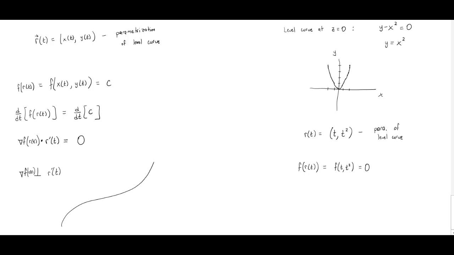Let's say this is my curve, and this is my point r of t. Remember that r prime of t was supposed to be a tangent vector to the curve. Since the gradient is perpendicular to r prime, the gradient should be sticking out like this. Basically, the gradient is perpendicular to the curve itself at this point.